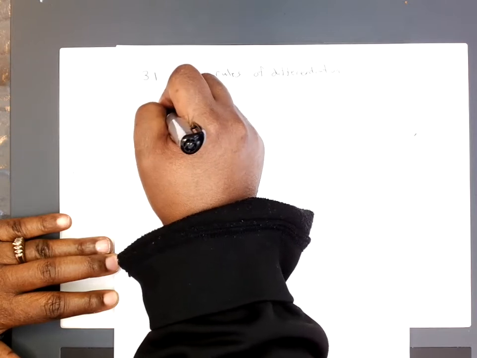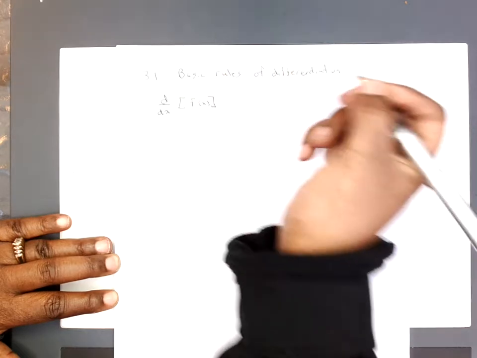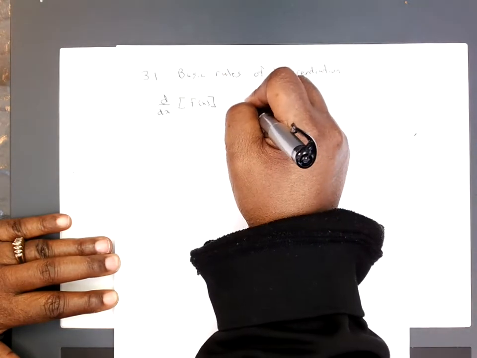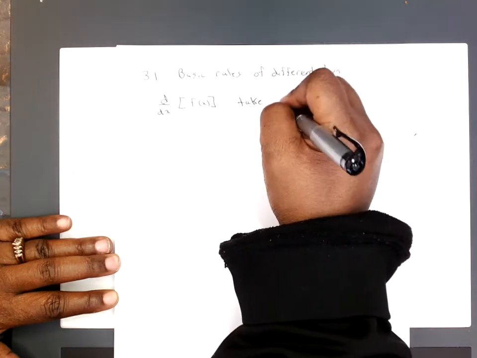If we have d dx of some function, that just means take the derivative with respect to x.